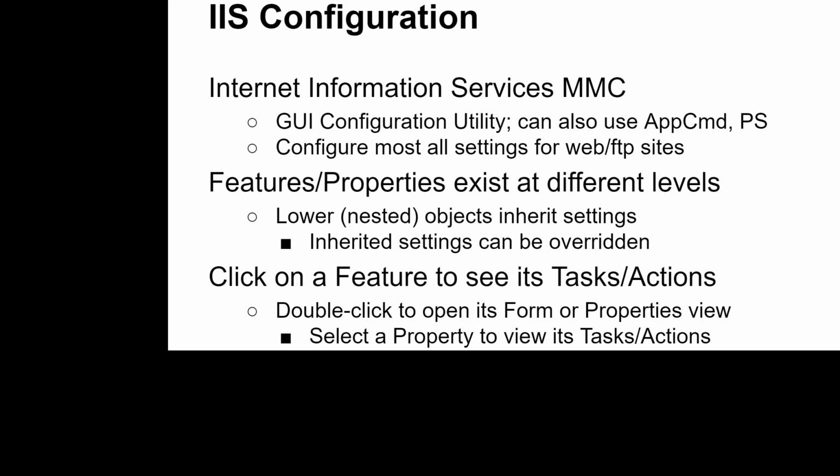If there are specific settings that need to be typed in, the form will pop up and prompt you for those as well. And you can select a particular property to view the tasks or the actions that are associated with that property.